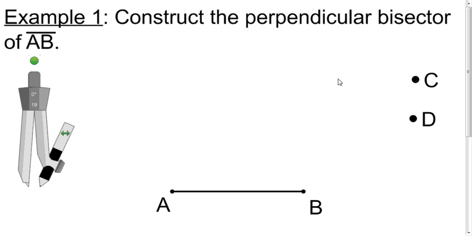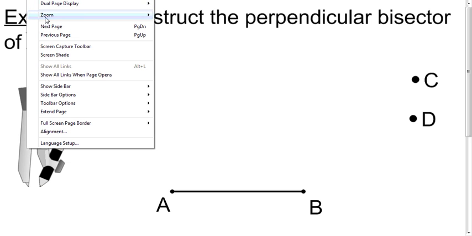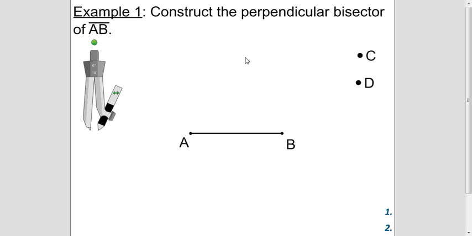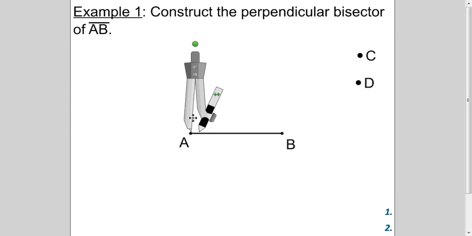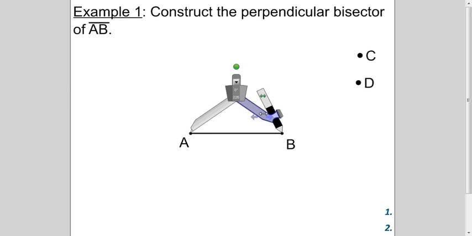Well, here's the process. Write down the steps in your own words, and then I'll show you the steps from the book. Zoom out here a little bit. There we go. So it starts off very similar to the equilateral triangle construction. You're going to put the pivot on one endpoint, and you're going to open up your compass to the other endpoint.